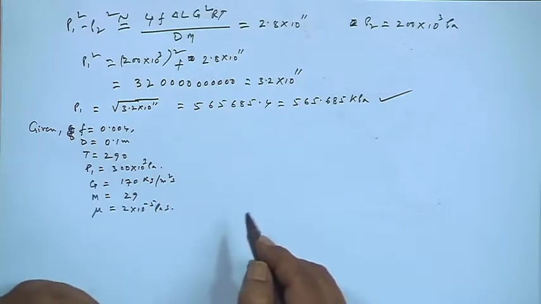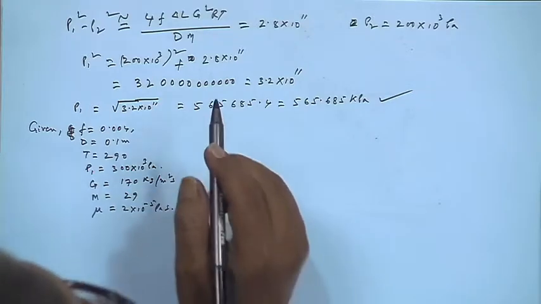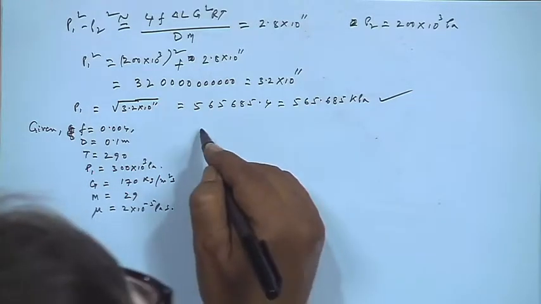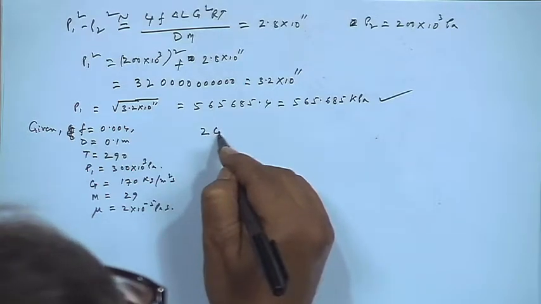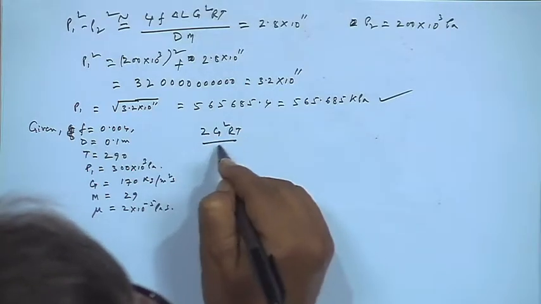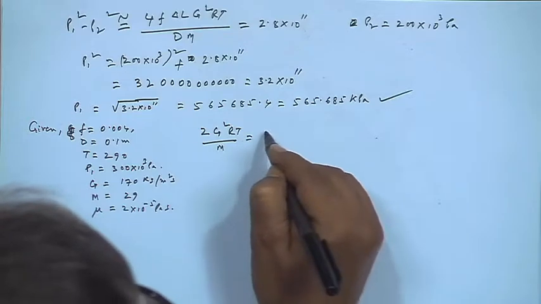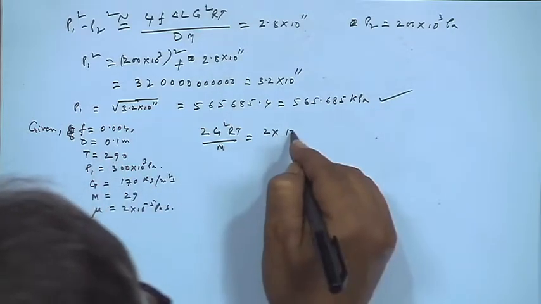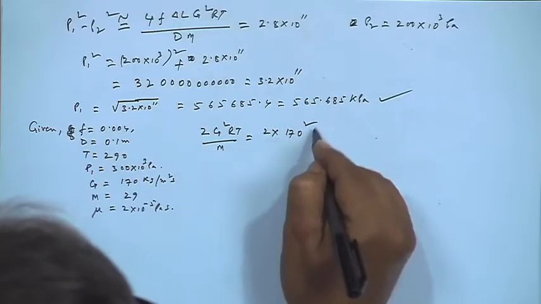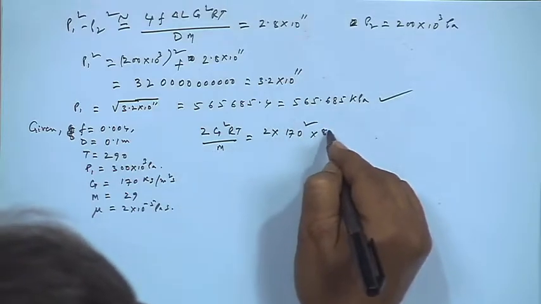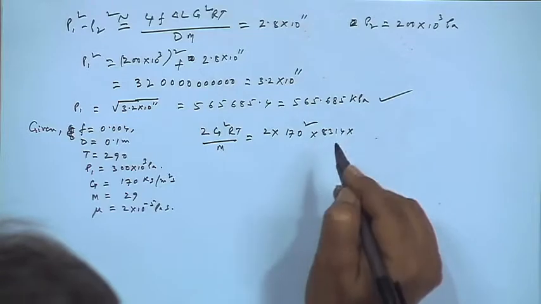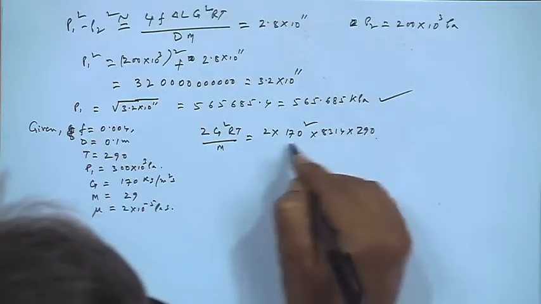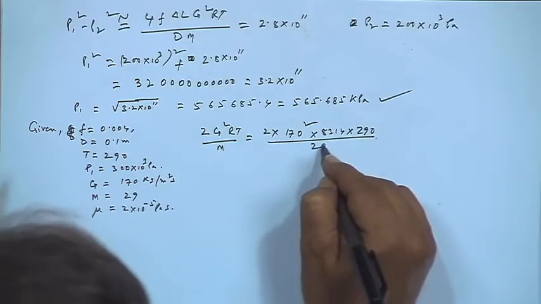So from there, we find 2 G square RT by M, that is equal to 2 into G, here 170, squared, R is 8314, into T 290, divided by M, molecular weight 29.